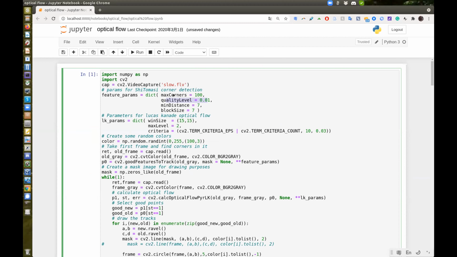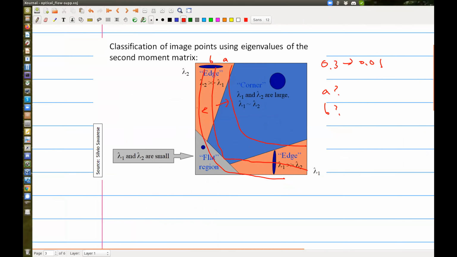If I make the quality level smaller, from 0.3 to 0.01, is it case A, where my threshold moves in this direction, from here to here? Or case B, where my threshold moves from here to, let's say, here?